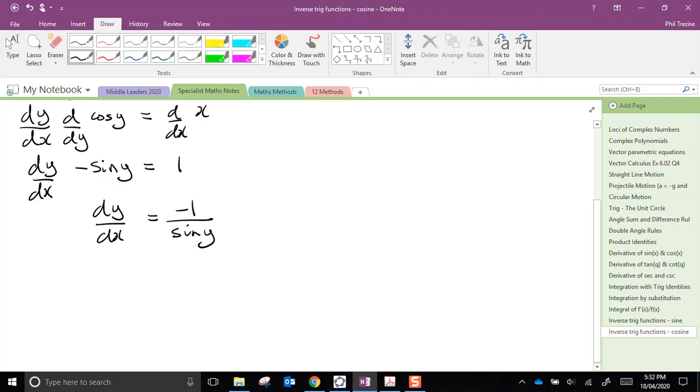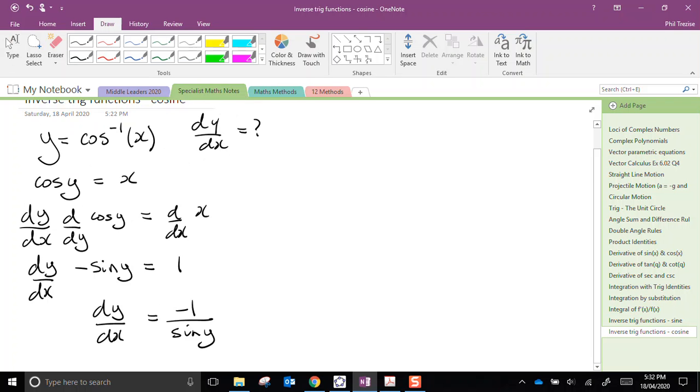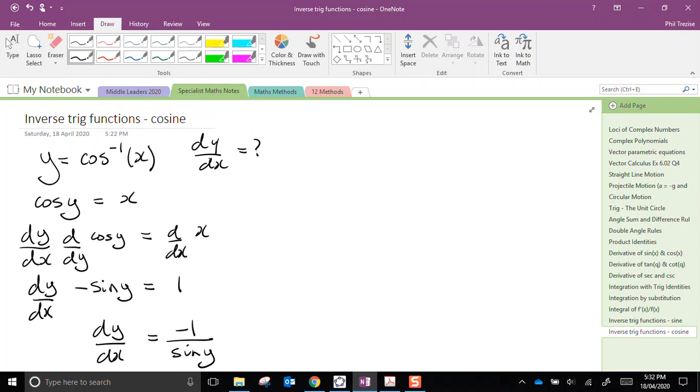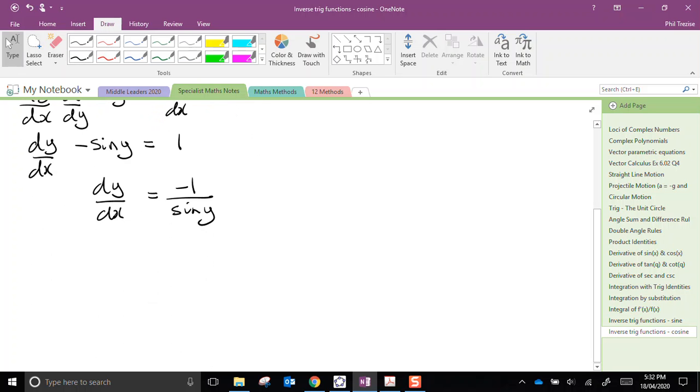over sine y. Again, I don't really want my derivative to be in terms of the variable y. I want my derivative to be in terms of x, because this original function, y, was written in terms of x. So let's use the Pythagorean theorem again. Sine squared y plus cosine squared y equals 1.